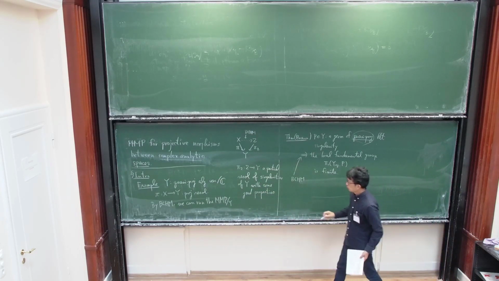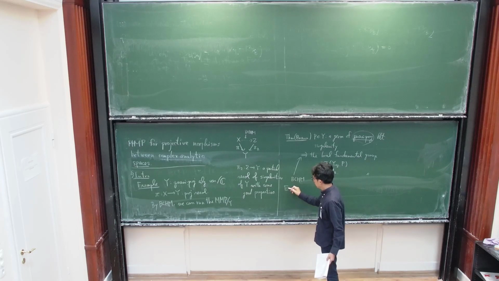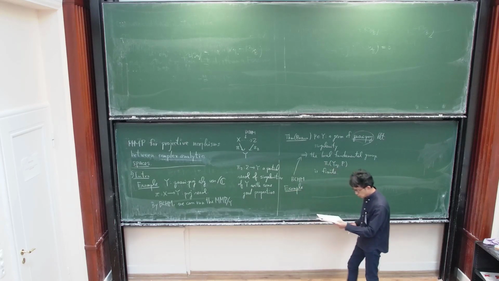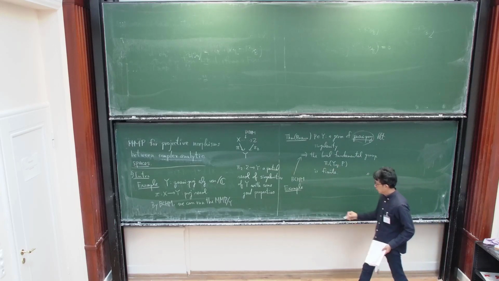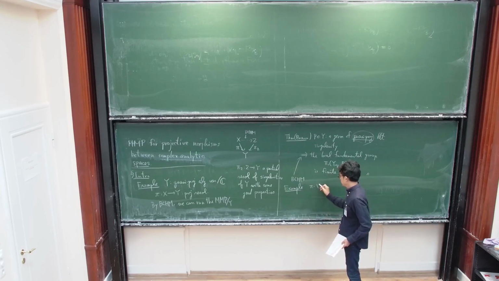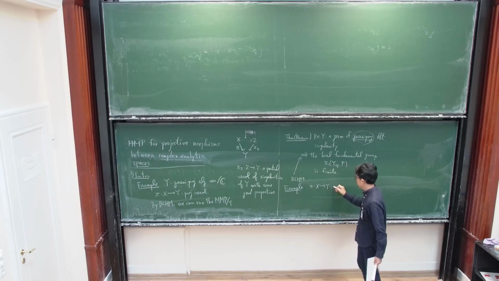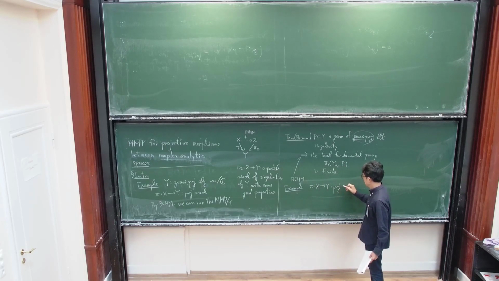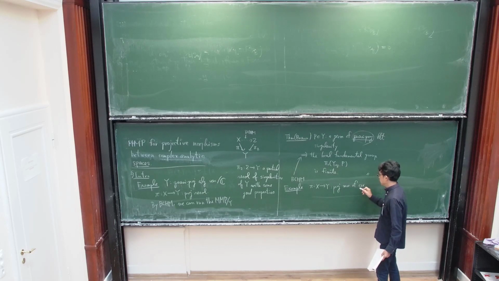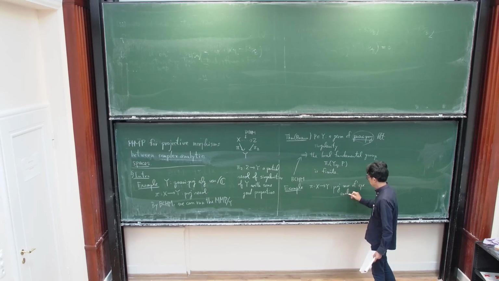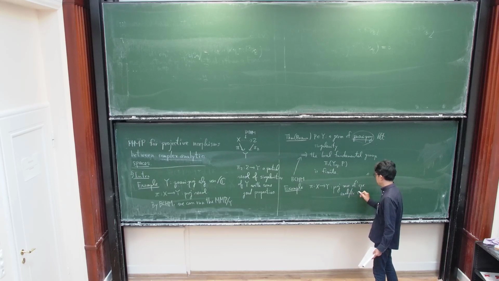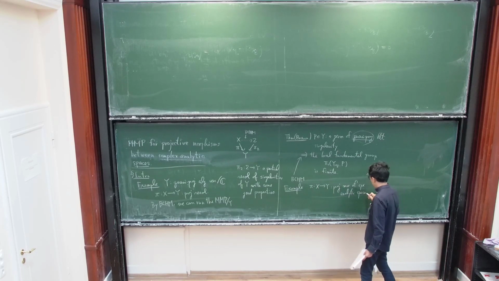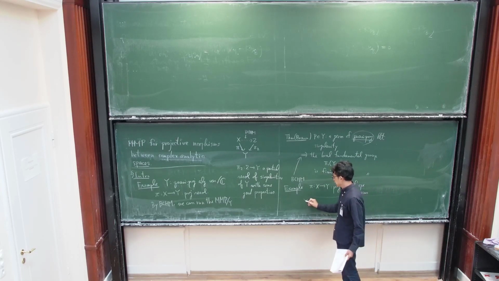In the second example, this is related to Kulikov models. Let pi from X to Y be a projective morphism of complex analytic spaces. And in this example, Y is a disk.